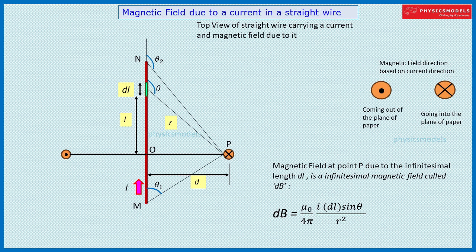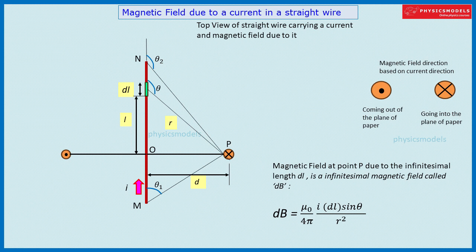So now the equation is taken from an infinitesimal length dl, which is randomly put on the wire, and this dl subtends an angle theta to the point P. The dl itself is at a length L from the point O. The OP, by the way, is perpendicular to MN.